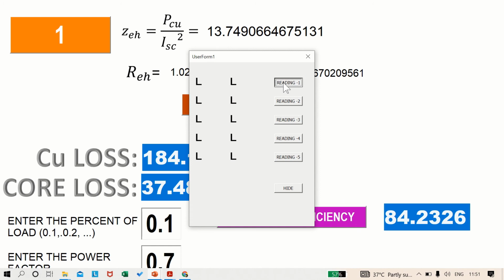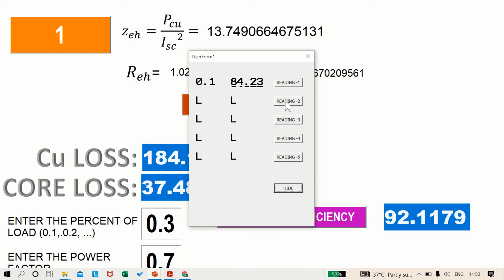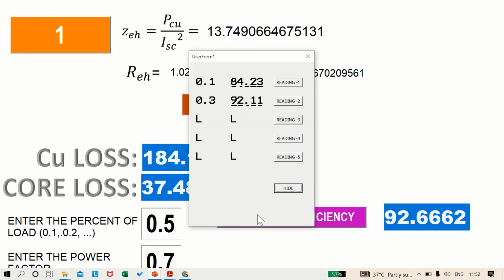So it is 84, take the reading, now hide it. And suppose I want to calculate at 30% of the capacity, the reading is 92.11. Now I want to calculate at 50% of the capacity of the transformer, the efficiency is 92.66.